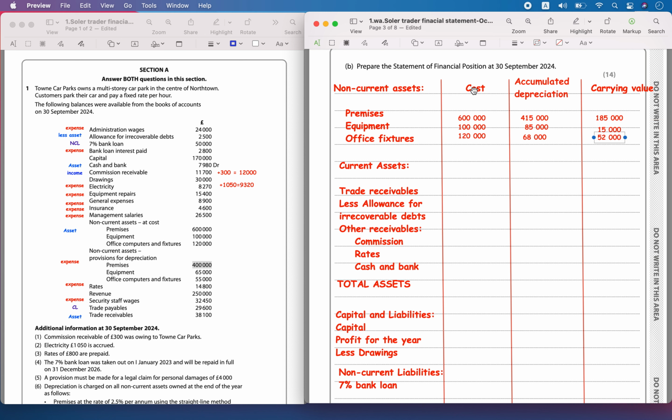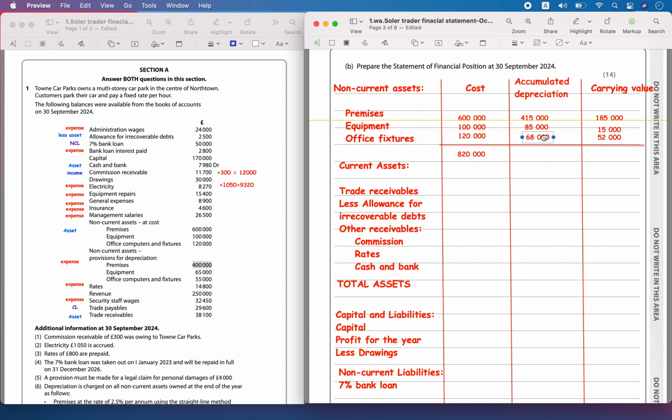Now let's add up all the values. 600 plus 100 is 700, 700 plus 120 is 820. So 820,000.